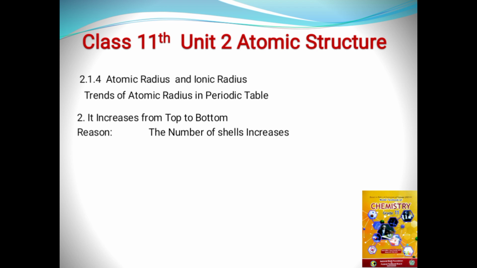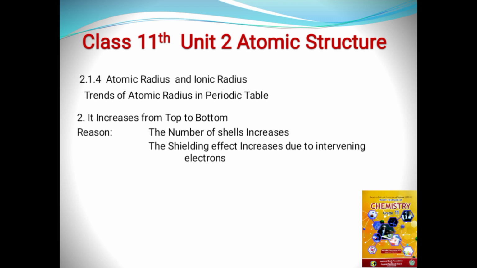For example, the first period will have one shell. The members of the second period will have 2 shells. The third period will have 3 shells, etc. So when we go down the group, the number of shells will increase and the size will also increase.